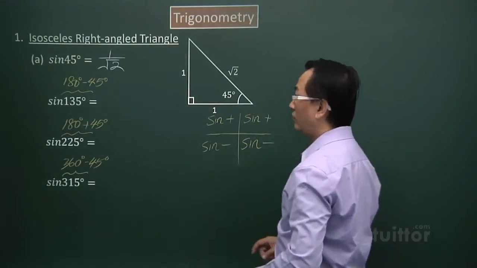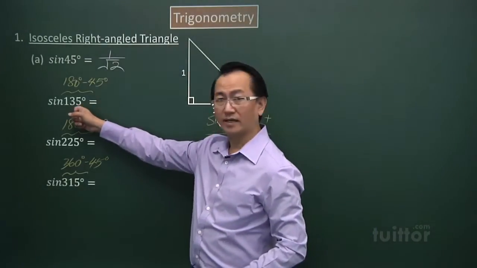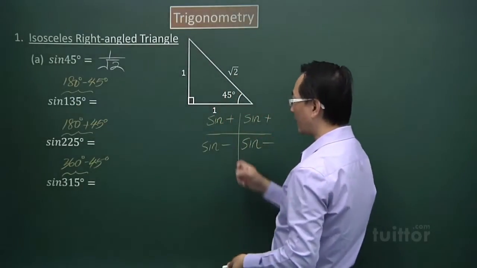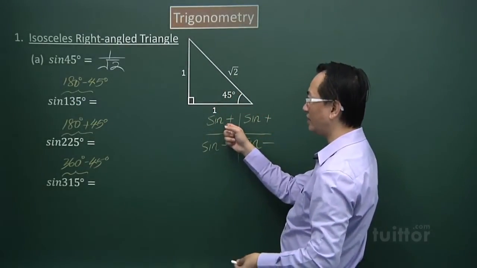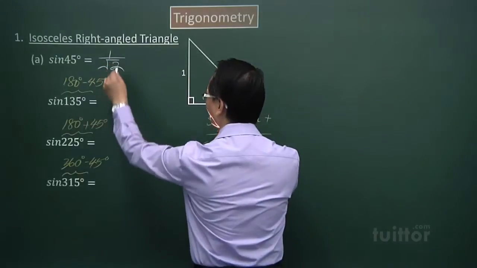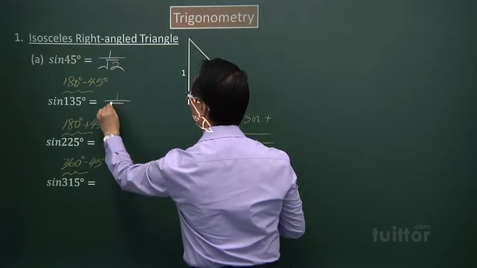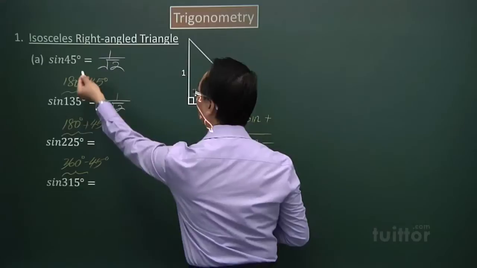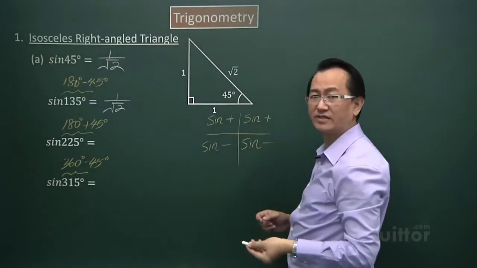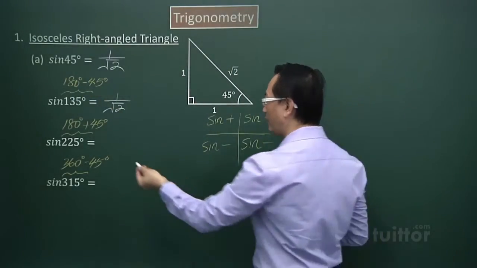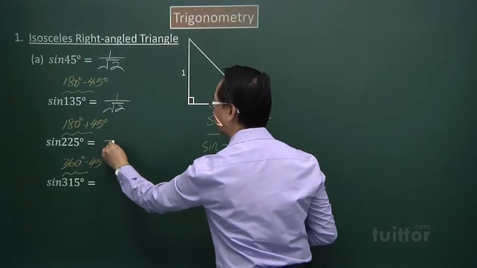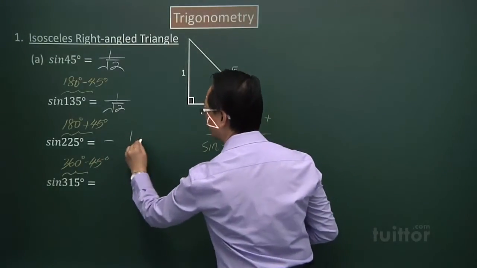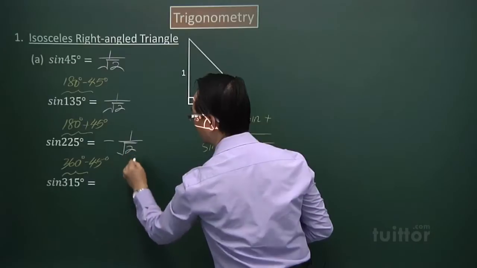So this is a second quadrant angle. So sine of a second quadrant angle, I have a positive value. So that would be the same as 1 over square root 2, the sine of 45 degrees. Then for this one, I will have to consider negative sign, 1 over square root 2.